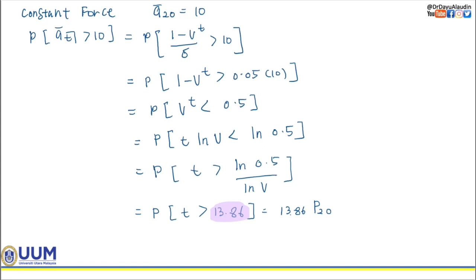The greater sign refers to the probability of survival. For constant force, tpx is equal to e to the negative mu T. Then we substitute mu and T inside, and we get 0.5.